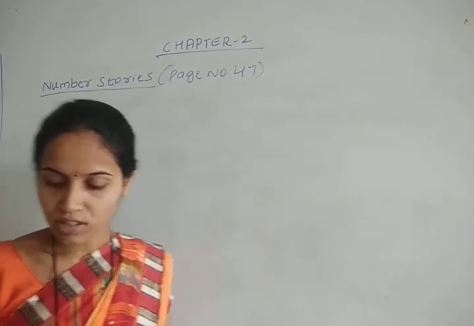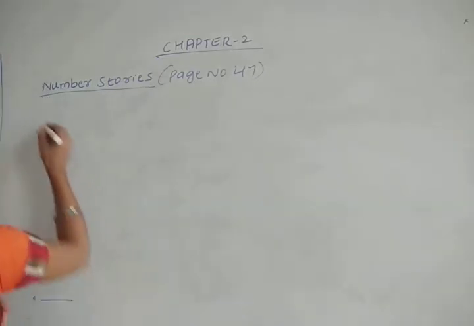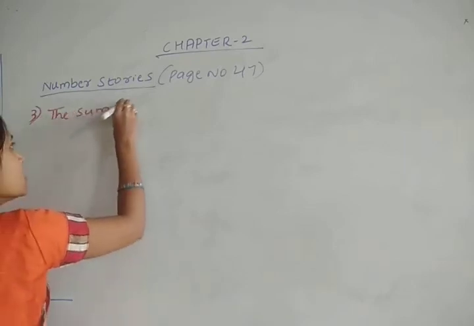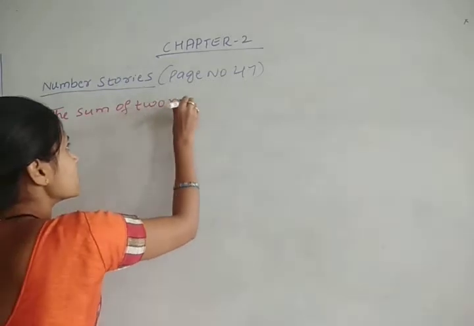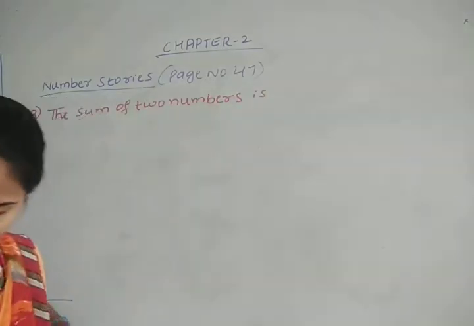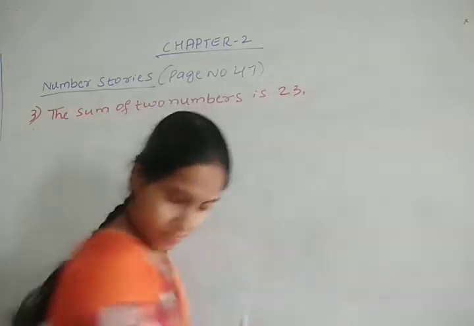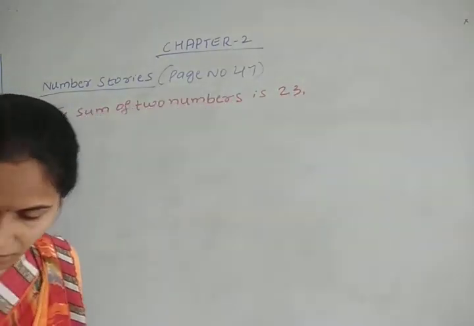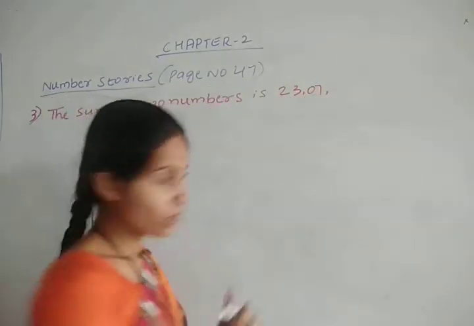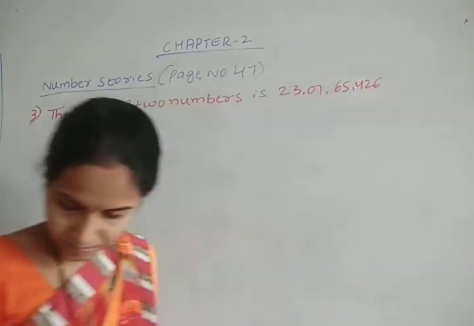Now let us solve the third question. The sum of two numbers is 23 crore 7 lakh 65,426.